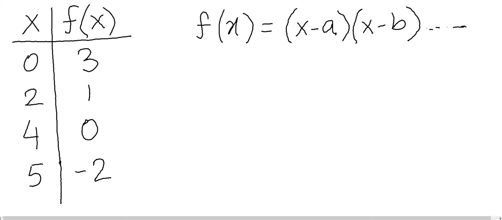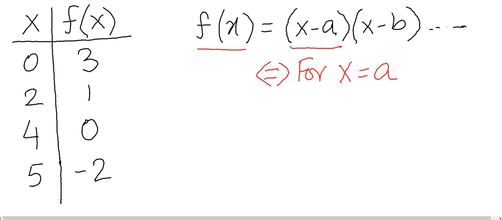So now if x minus a is to be a factor of fx, right? So if this is a factor of this function, then for x equal to a, this fx will be, for x equal to a, you put a minus a becomes 0.